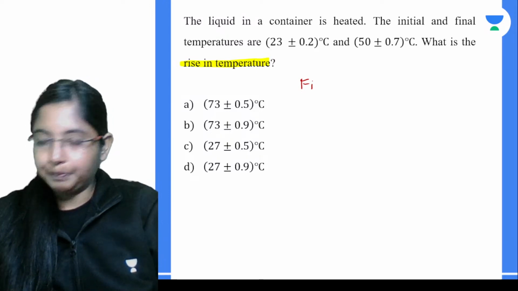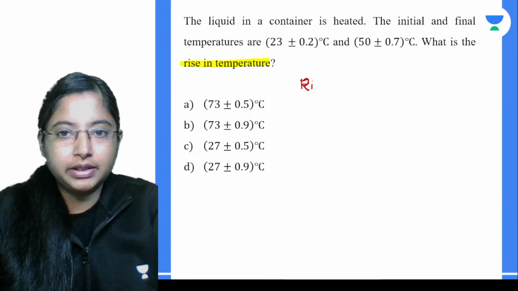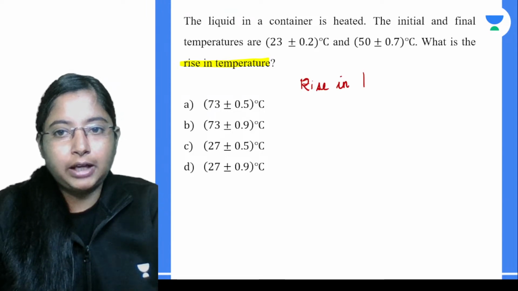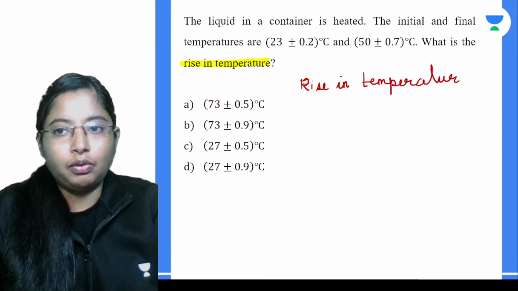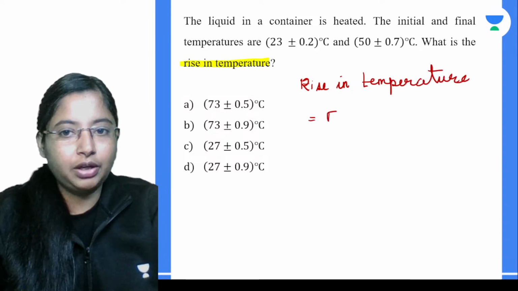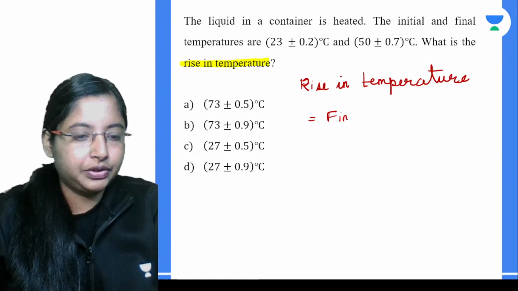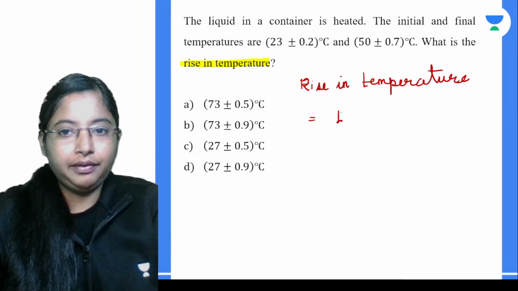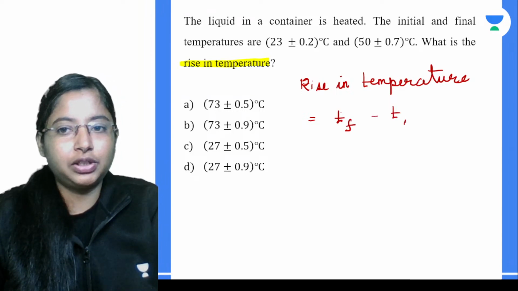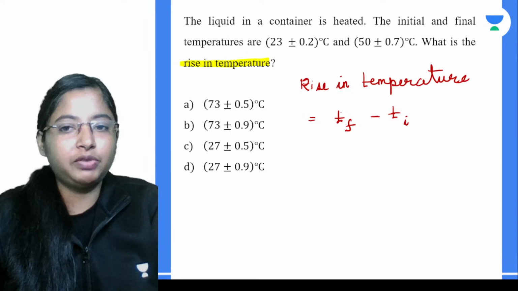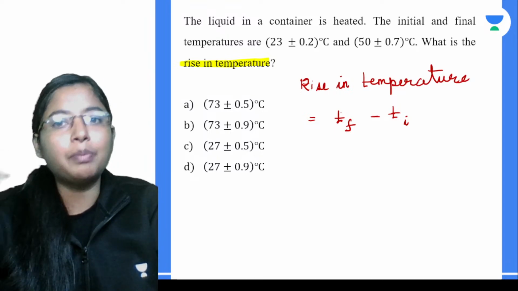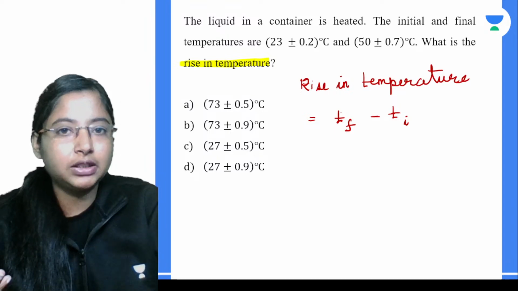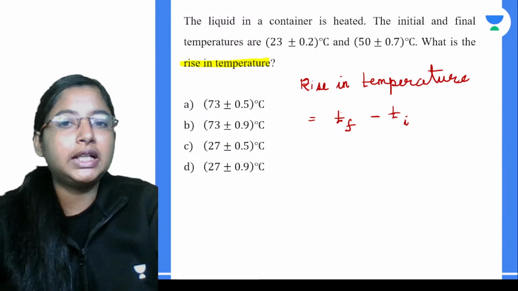The rise in temperature will be nothing but the final temperature, TF, minus the initial temperature. So if we find the difference between these two quantities, you will find how much increase in temperature there was when you heated this particular liquid.